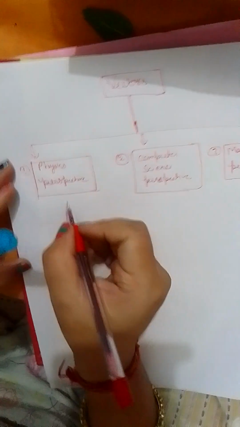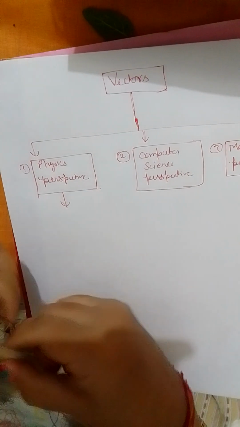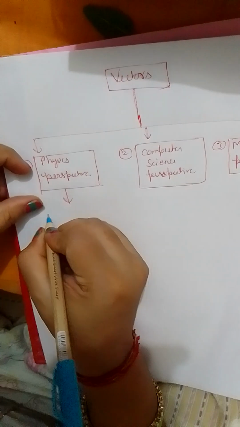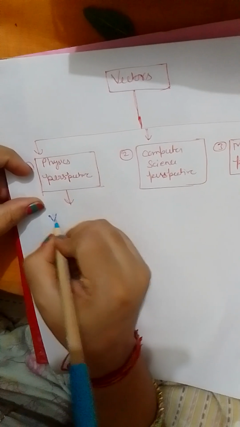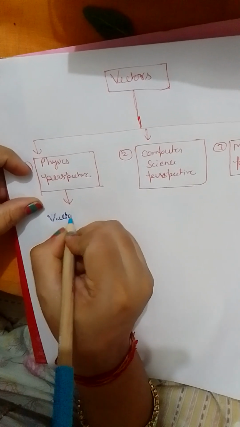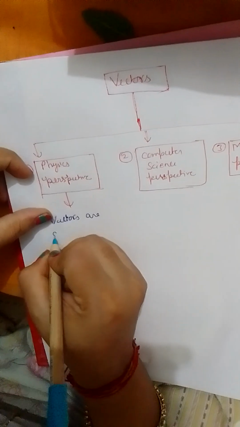So first we will see here vectors are arrows.